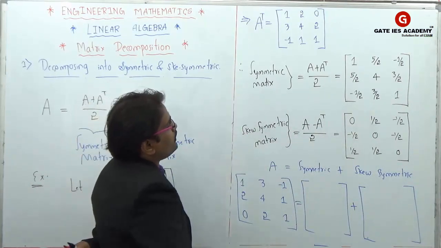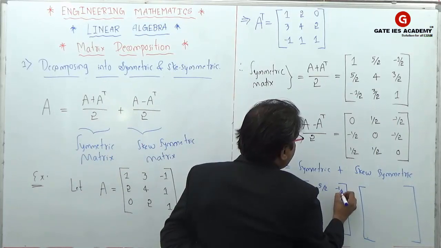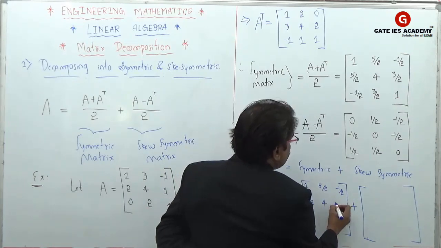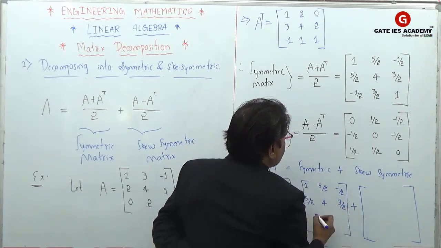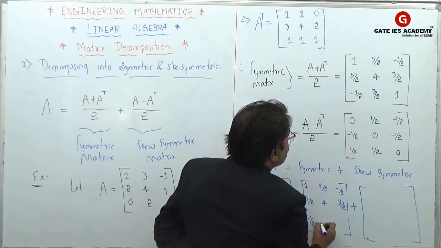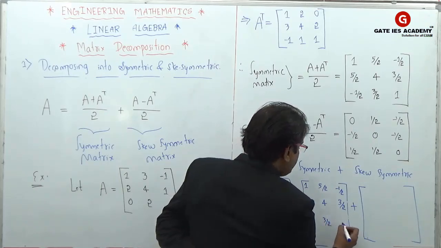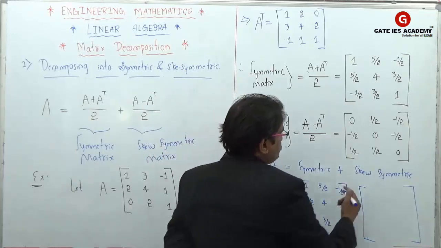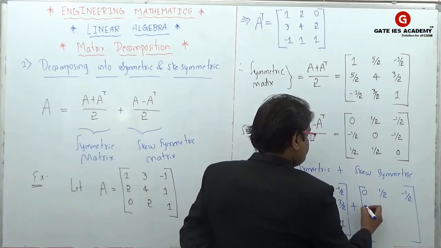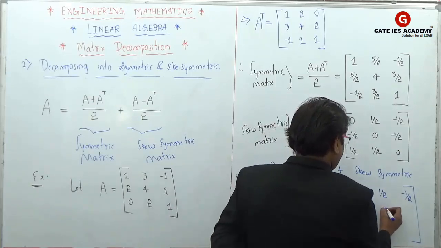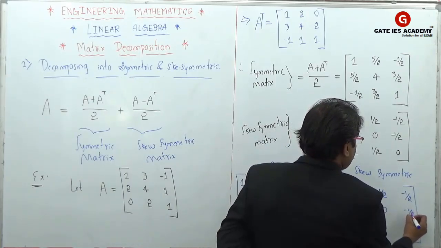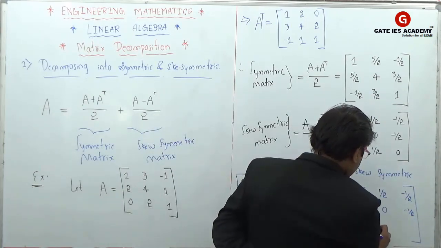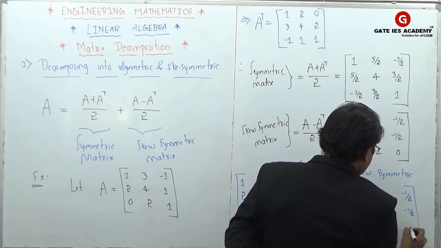The symmetric form is 1, 5 by 2, minus 1 by 2; 5 by 2, 4, 3 by 2; minus 1 by 2, 3 by 2, 1. And this is the skew symmetric form: 0, 1 by 2, minus 1 by 2; minus 1 by 2, 0, minus 1 by 2; and 1 by 2, 1 by 2, and 0.